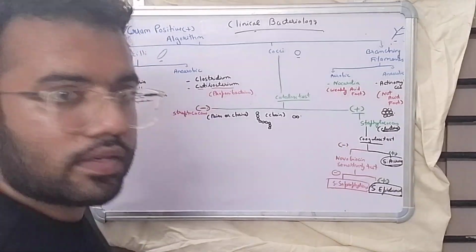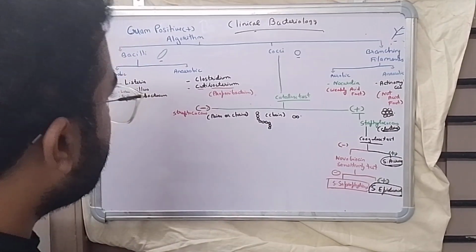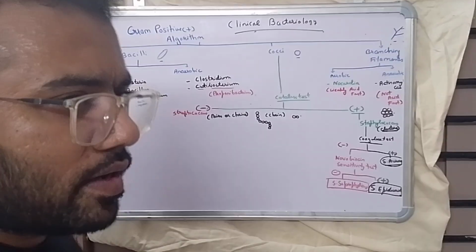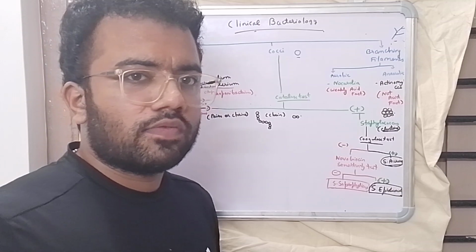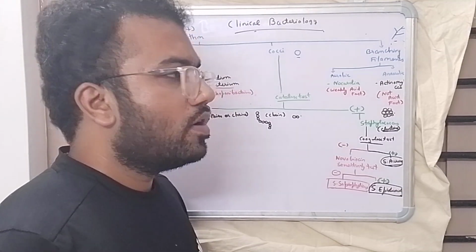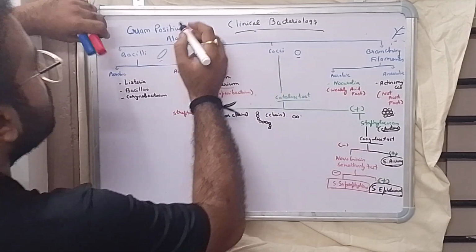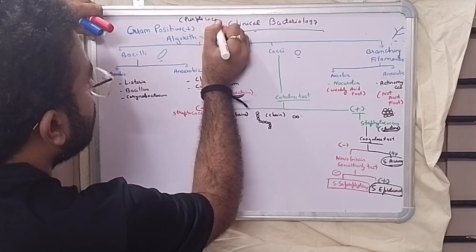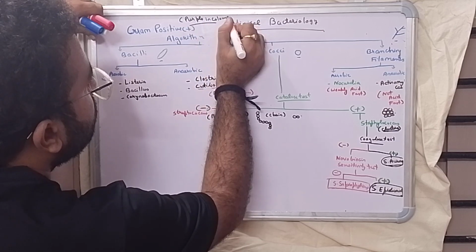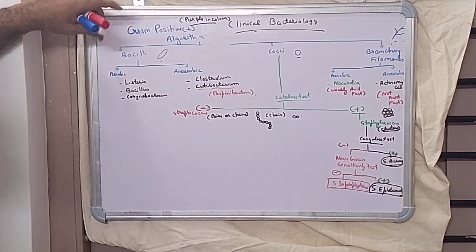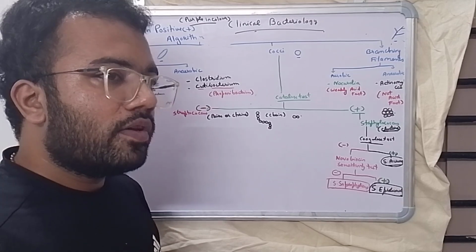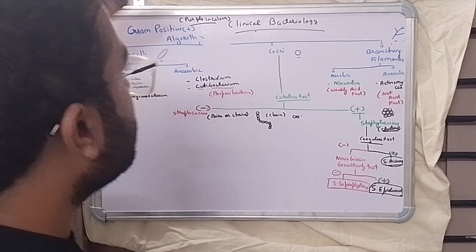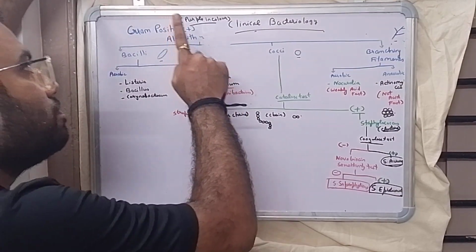Like that it is pair forms, chain form, most often seen in Streptococcus. And also a very basic point, everybody who is seeing this video has got to know that gram positive are always purple in color. They are not red, they are not pink or any other color, they are purple in color. We will talk about gram negative color in a further video, but here please understand that gram positive bacteria are purple in color.